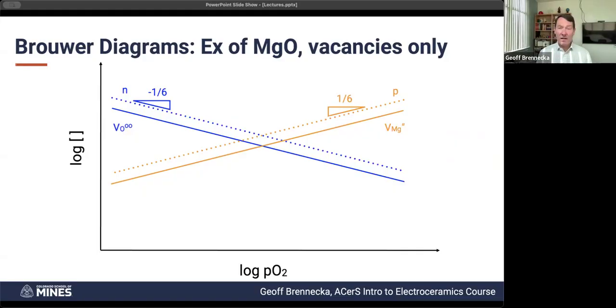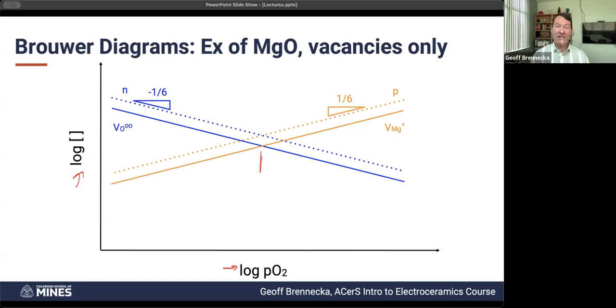In this case, you'll notice I don't have any numbers on here. I haven't bothered to write in what the actual concentration of these various defects might be. I haven't put any numbers on the PO2. So what is the PO2 where this crossover happens? I don't know. It varies with the system, and it varies with basically all of the energetics that we've been talking about.